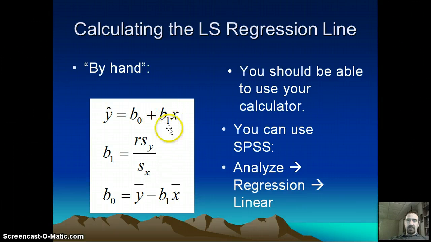And so we can calculate the slope with this formula. B1, the slope, is correlation times standard deviation of y divided by standard deviation of x. Those are important numbers that we've been looking at all along, correlations, standard deviations, and they give us the slope of the least squares regression line. Look at the intercept. The intercept says take the mean of y minus the slope times the mean of x.